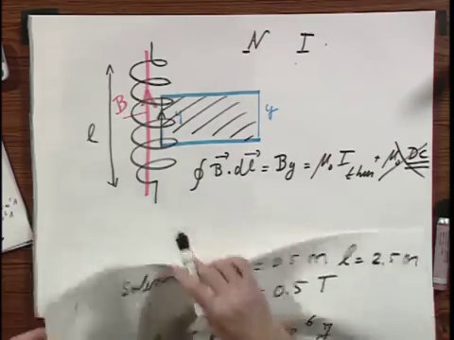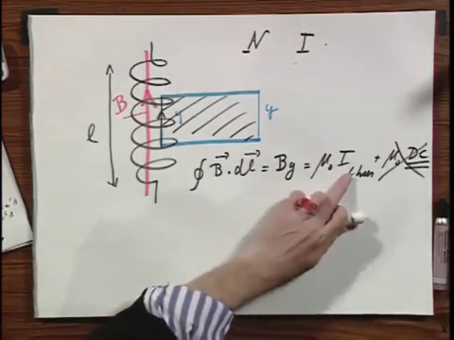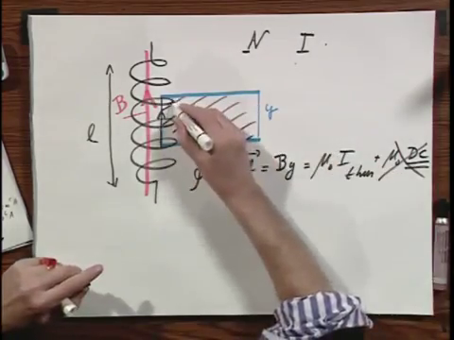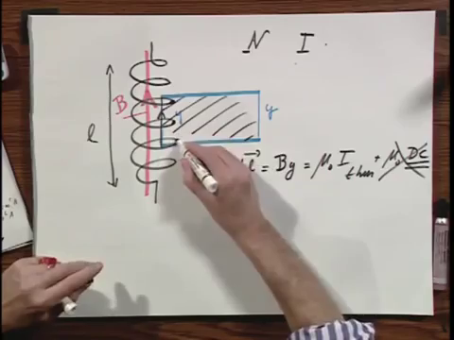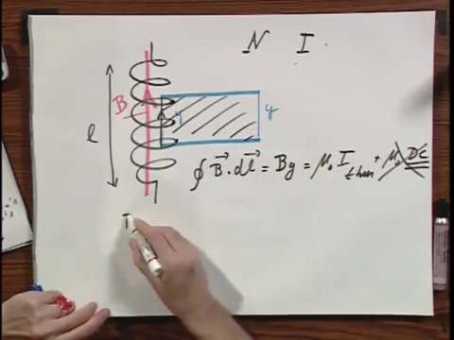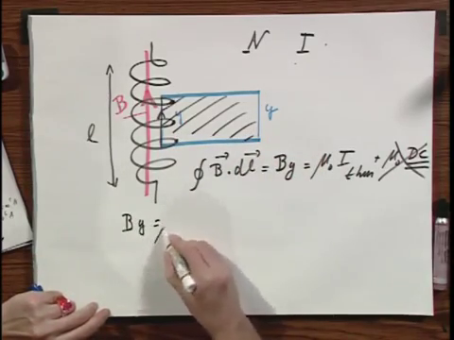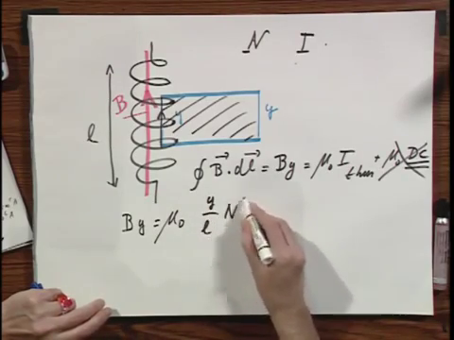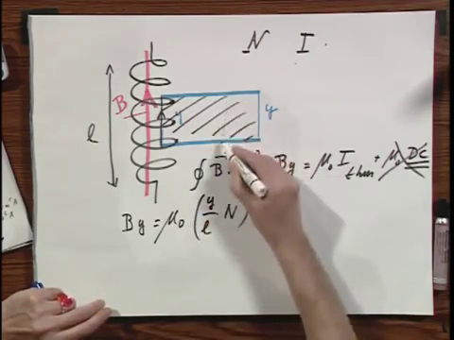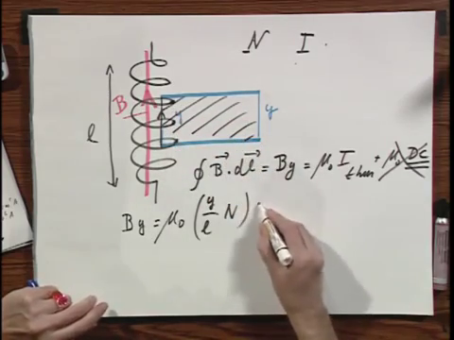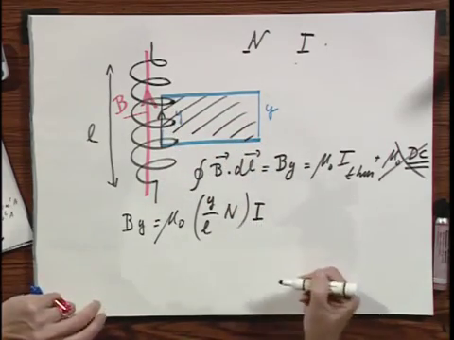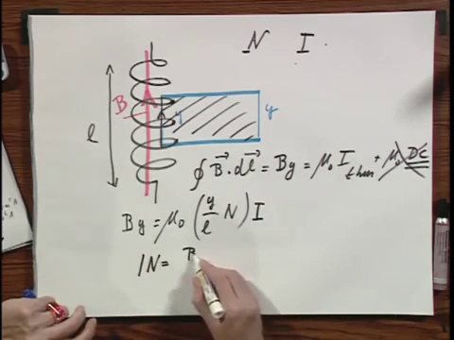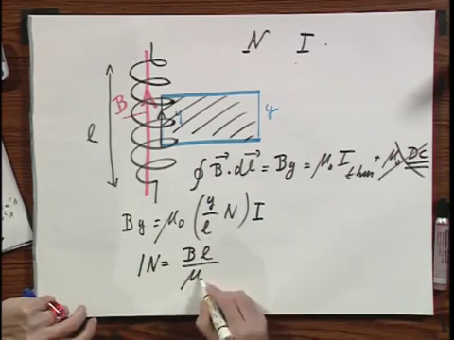So now comes the question, how many times does this I go through this surface? It penetrates through this surface many times, and so we get B times Y equals mu0 times Y divided by L times N, which is the number of times that it penetrates through this surface, times I. And so I find that IN equals B times L divided by mu0.